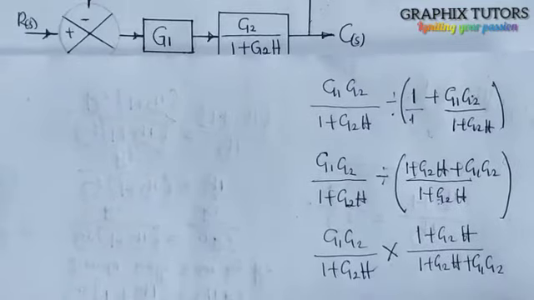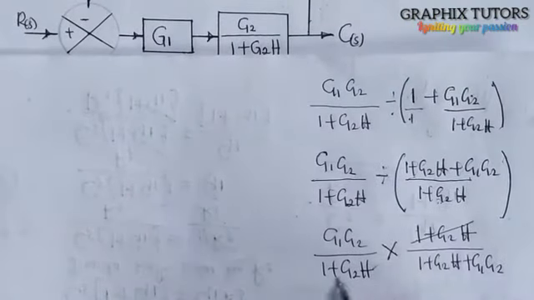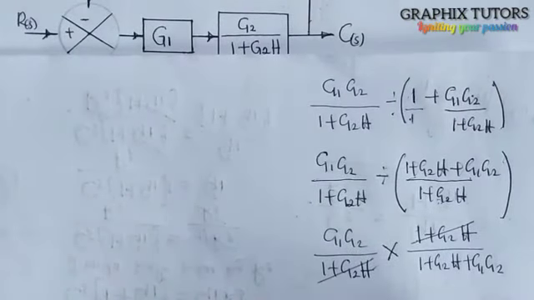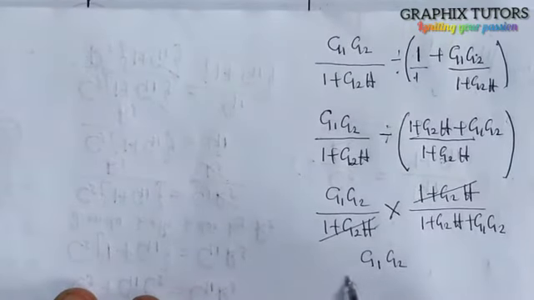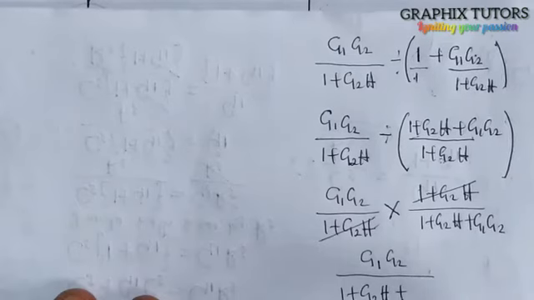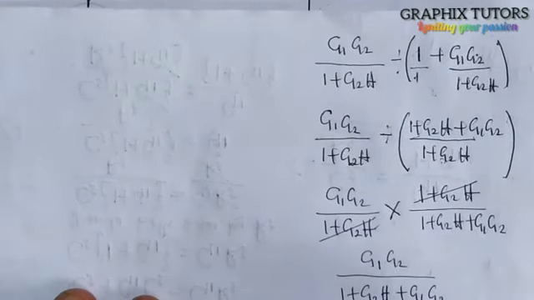So in doing that, you discover that this will cancel this, and we'll be left with G1 G2 all over 1 plus G2H plus G1 G2. So this is my overall transfer function.